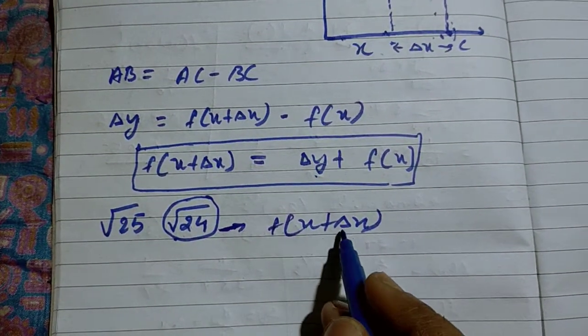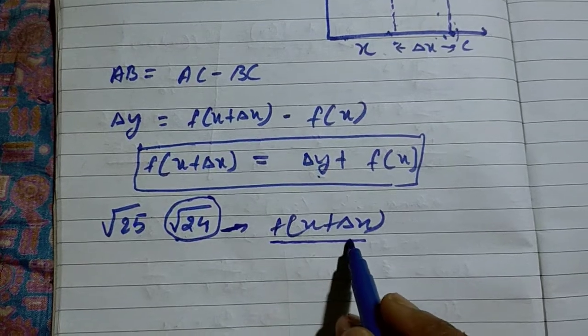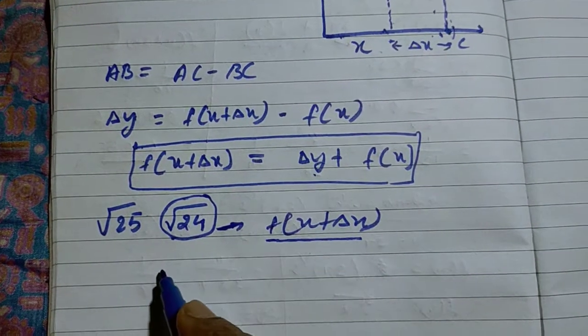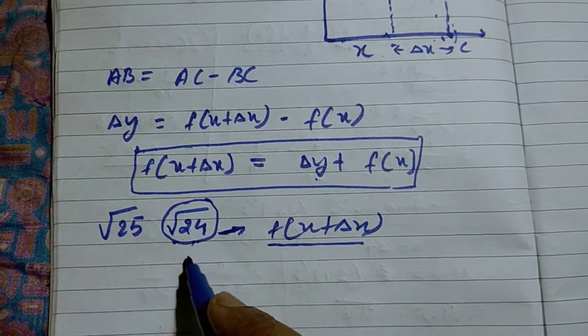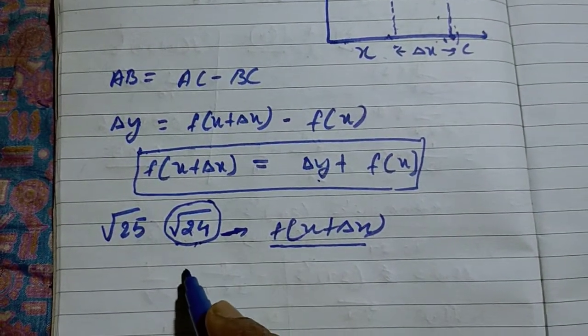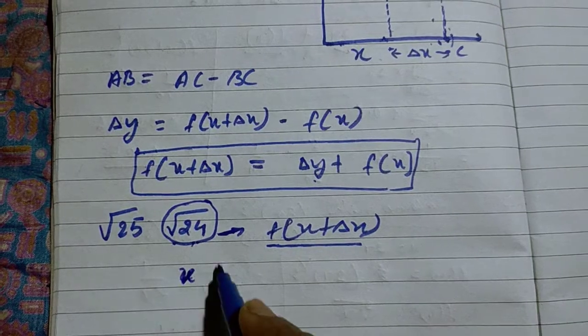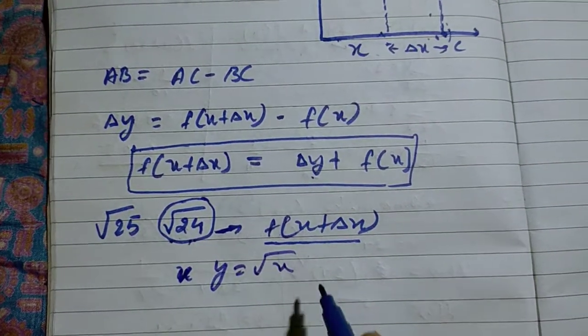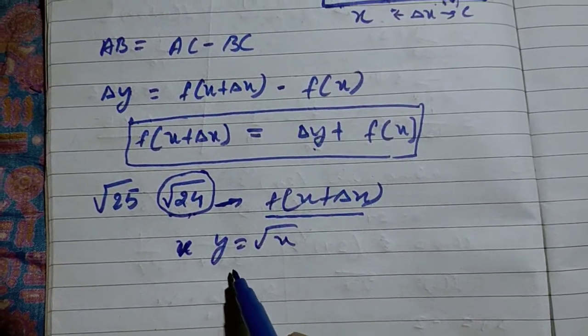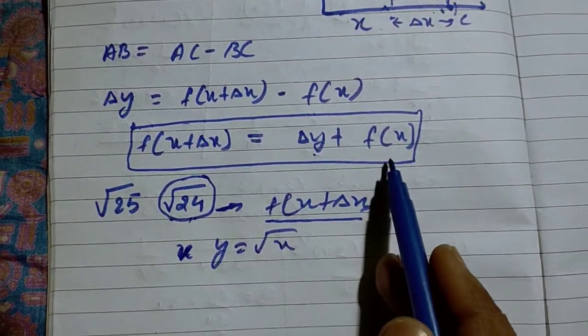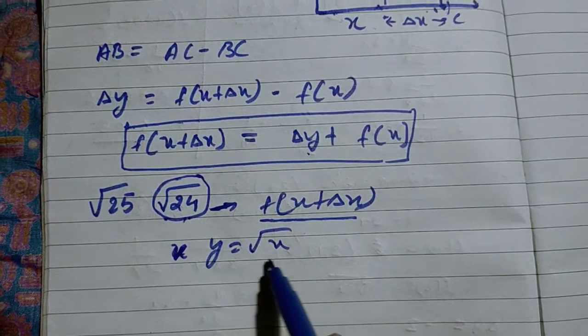F of x plus delta x. So same thing we have to write in the form of this delta y. Now we will convert this into one function, that is y equal to under root x. This is the given function. So from here we will find delta y and f of x. This is f of x.